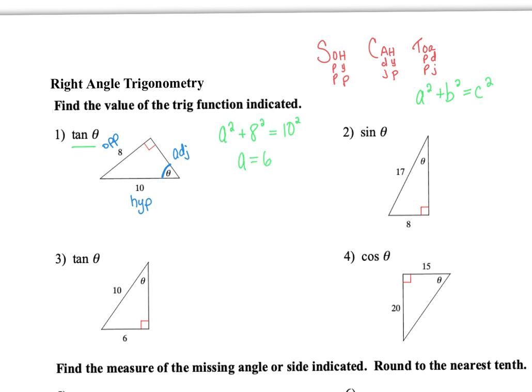A is 6. I now have the sides that I need. All I have to do when they are asking for the trig function is give the fraction. The tangent is going to be the opposite side, 8, over the adjacent side. Do you think I'm going to leave it that way? What am I going to do to him? Reduce. What is it?